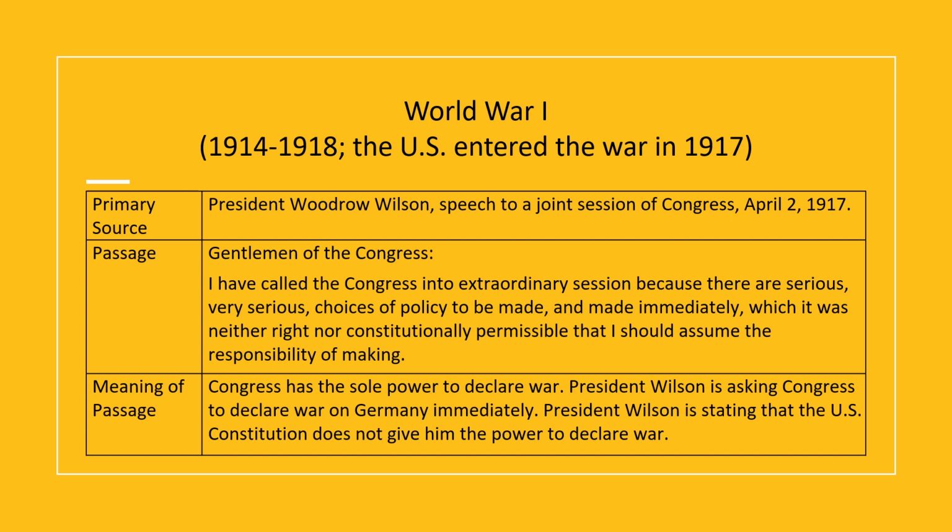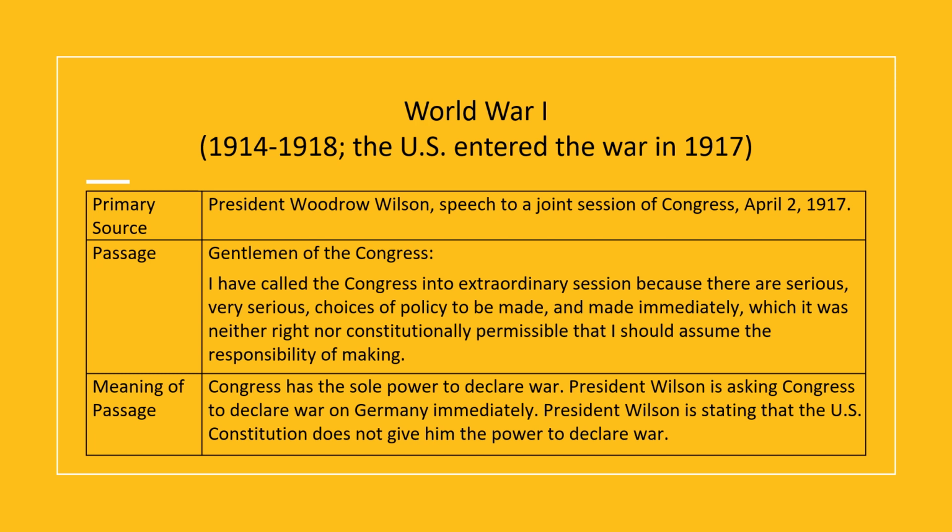President Woodrow Wilson, in asking Congress to declare war on April 2, 1917, said, "I have called the Congress into extraordinary session because there are serious, very serious choices of policy to be made, and made immediately, which it was neither right nor constitutionally permissible that I should assume the responsibility of making."